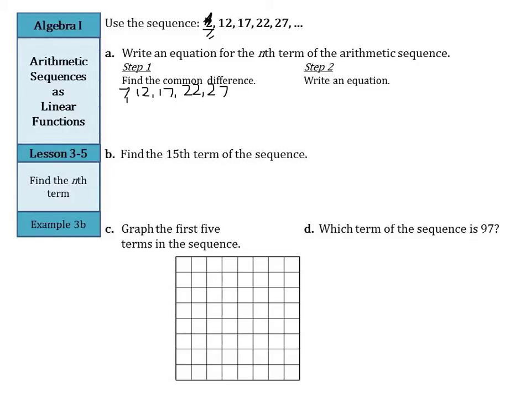And this common difference, which remember is just going to be our d in the equation that we're going to write, look for how it's increasing or decreasing. In this case, it's increasing by 5 for all of our terms.